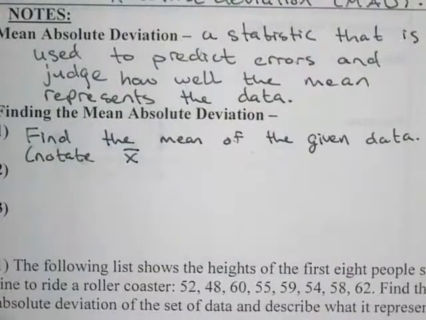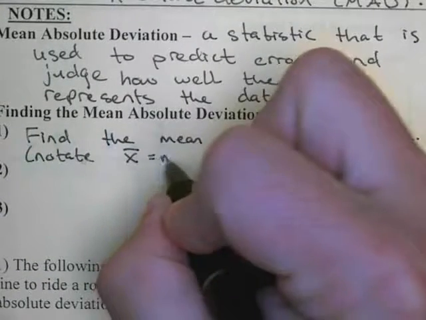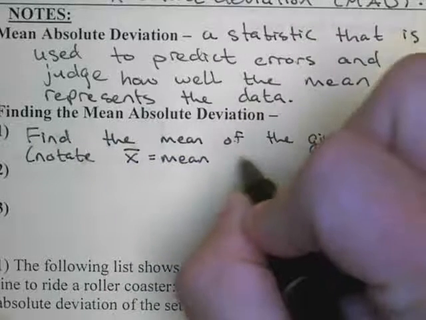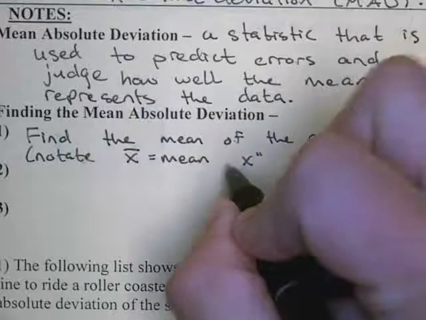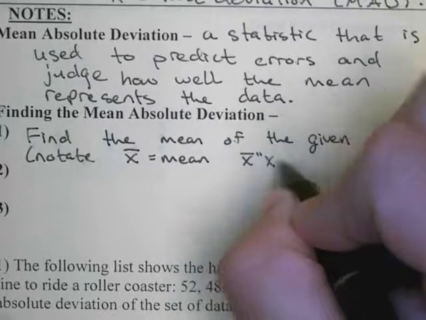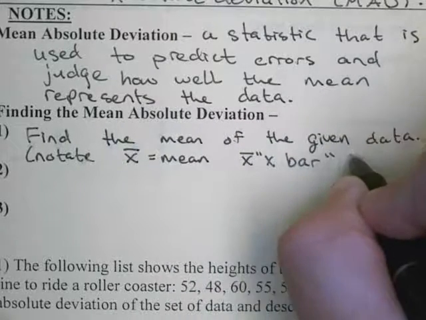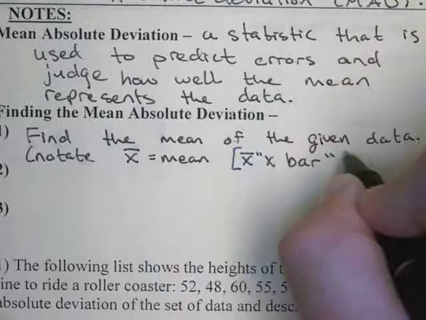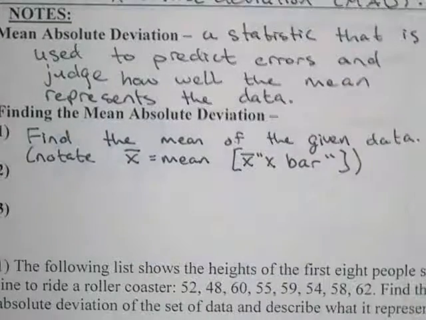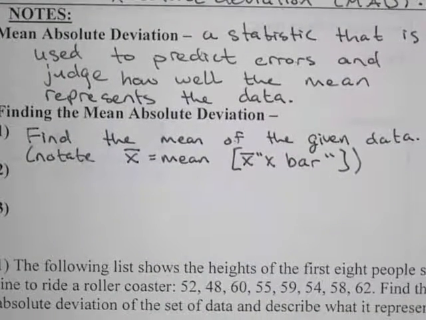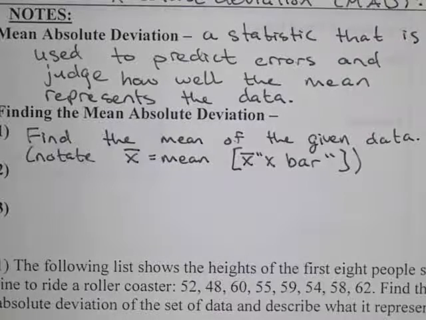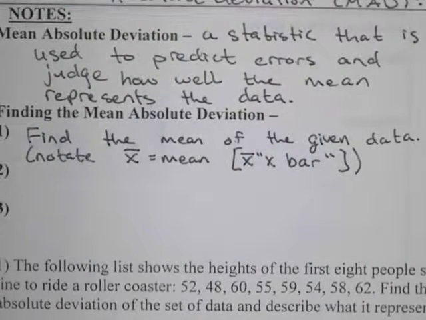It's pronounced X bar, and that's the mean. So X bar is our mean. So that's going to be the first step, is first find the mean of the data, which is just the average. We'll add up all our data points and divide by how many there are.